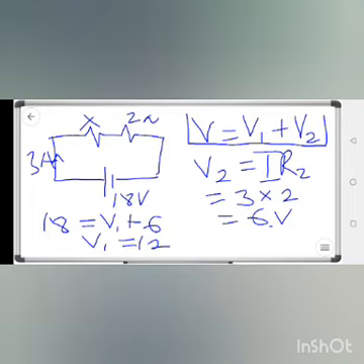Now that we know V1 is 12 volts, we can now get the value of X. To do that, we just use the formula around V1. I will clear the screen, then we just solve for V1.